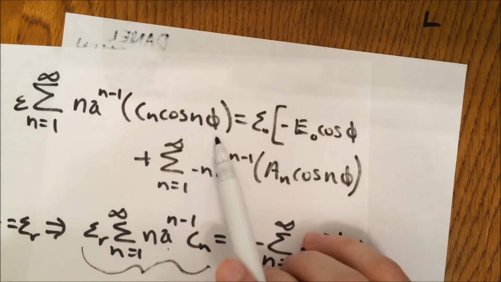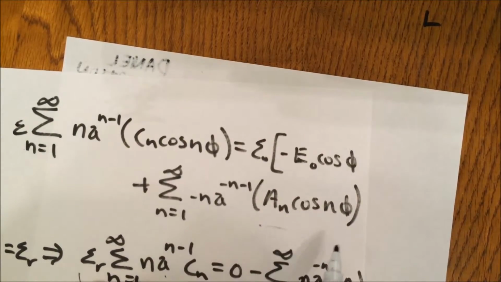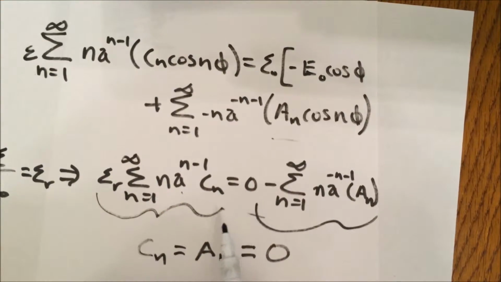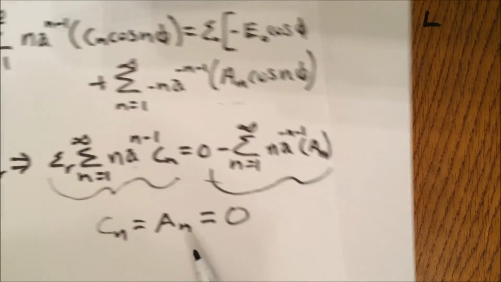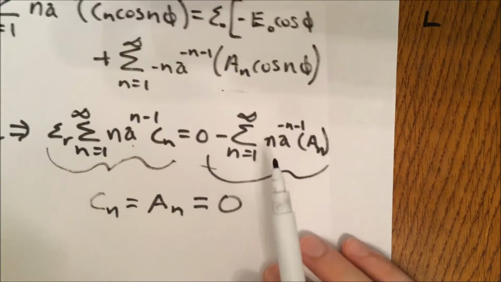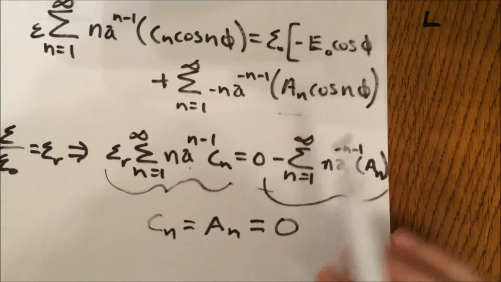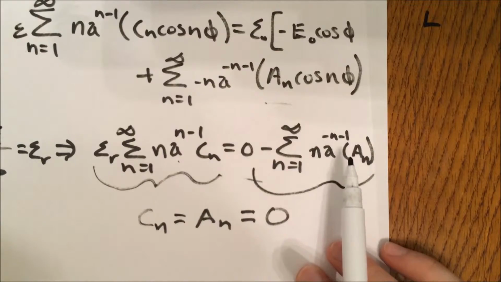If the s vectors align with the y-axis, those terms drop out with the cosines, and we're left with this, except for a special case where n is equal to 1. We're about to see what happens then. Basically our function is 0 everywhere except for when n is equal to 1.